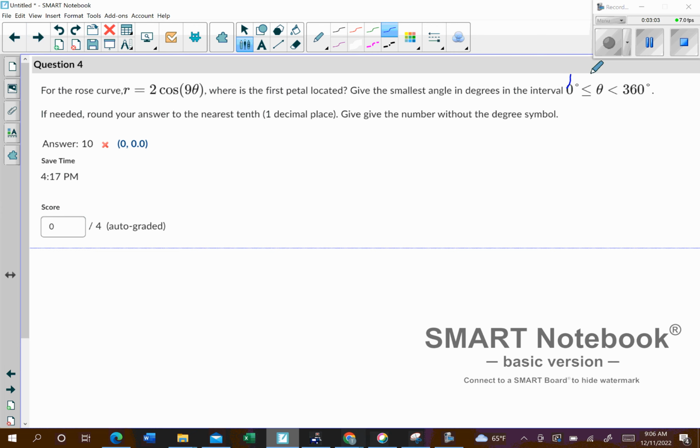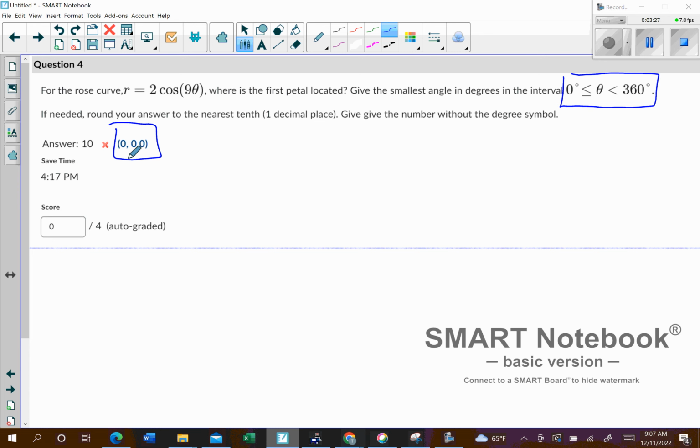They want our answer, or well, one answer in this case, to be somewhere between 0 and 360. Well, what's nice about cosines is they always just start at 0 degrees. For sine, it's a little bit more complicated, but for cosine, it always just starts at 0 degrees, and so that's the answer, 0 or 0.0 or whatever, right?